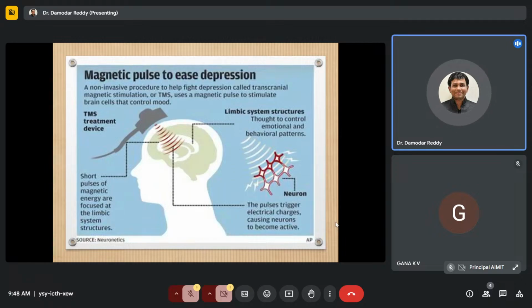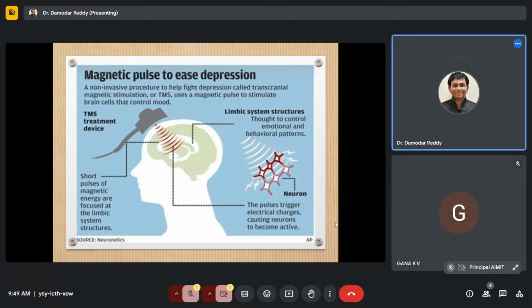Now in TMS type devices, I think we are getting short on time. We have the TMS treatment device, where in transcranial magnetic stimulation applications we see how a person with depression undergoes this treatment, and how effectively we can record the brain signals for a specific time duration. Normally, these treatment devices are used maybe every week, 3-4 times.